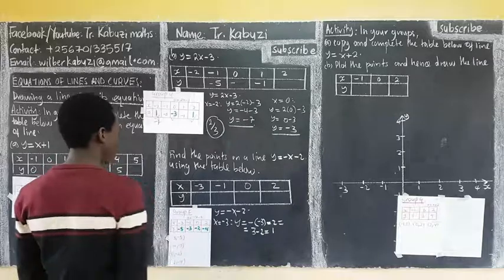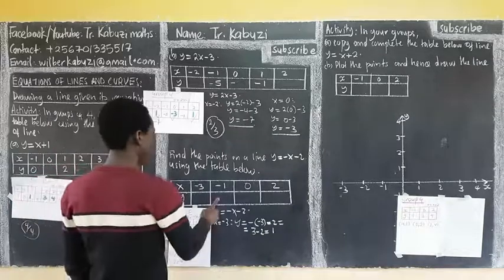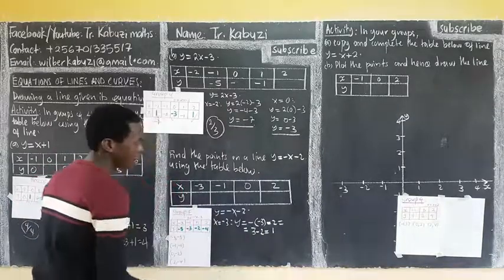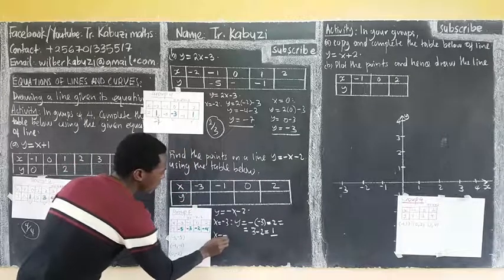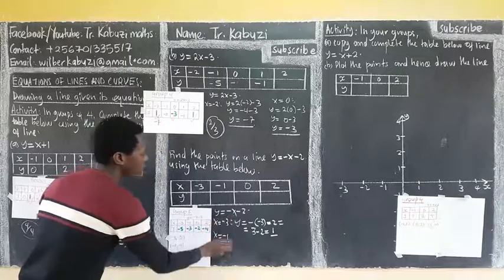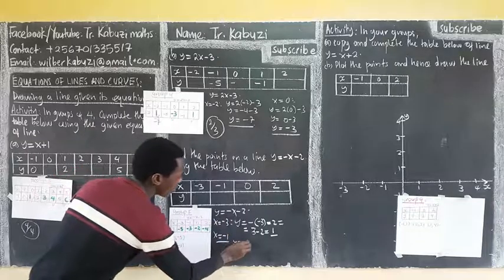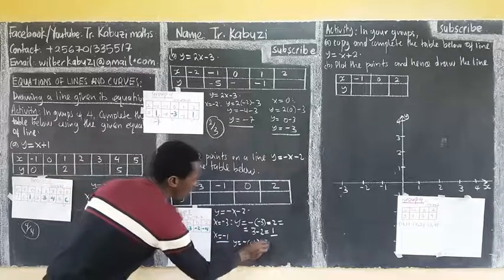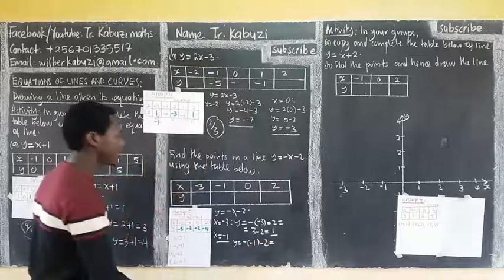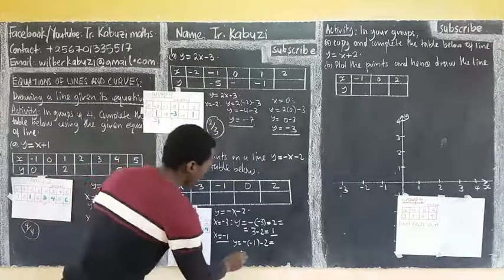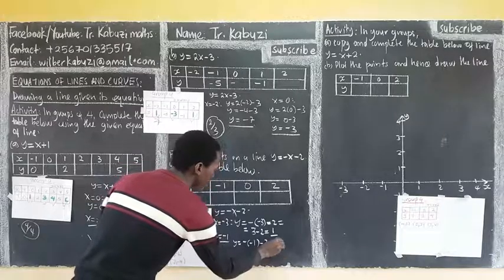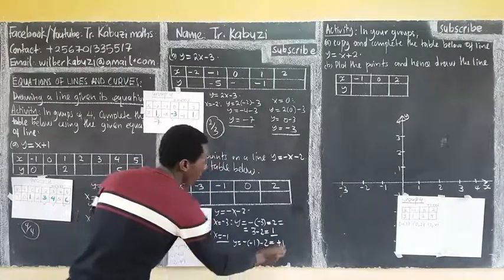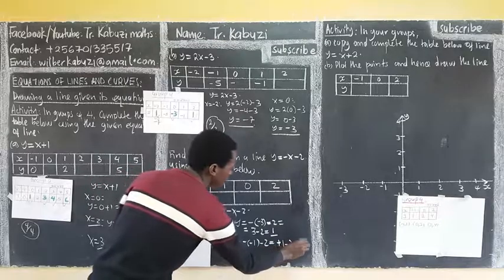So this is wrong. When x is negative 1, when you put here negative 1, we have y equaling negative into 1 minus 2, which is positive 1 minus 2, which is negative 1.